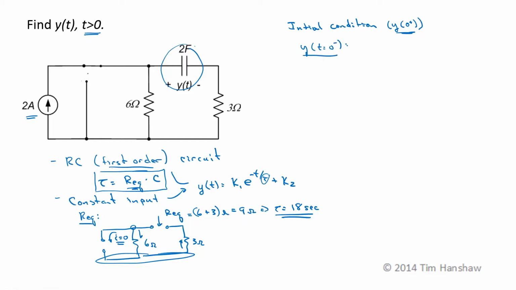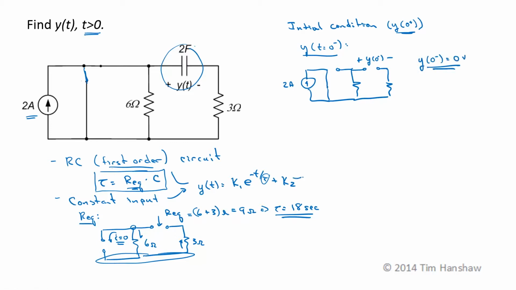At t equals 0 minus, if the switch has been in this position for a long time, the 2 amp source is not connected to the capacitor. So 2 amps just goes in its own little loop over here, and the capacitor isn't connected to an energy storage element. If the switch has been in this position for a long time, the capacitor will look like an open circuit, and y at 0 minus is going to be 0 volts.